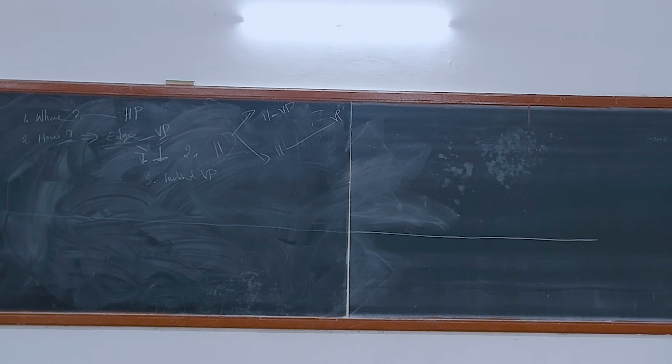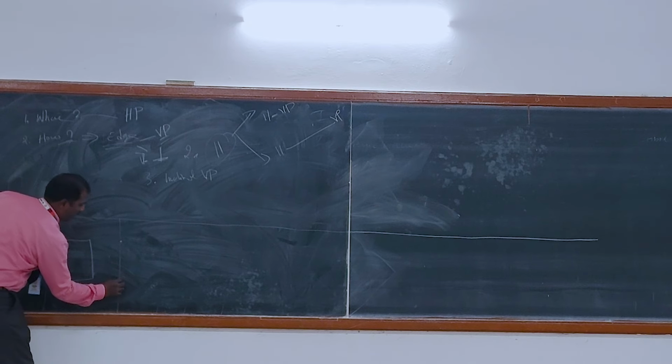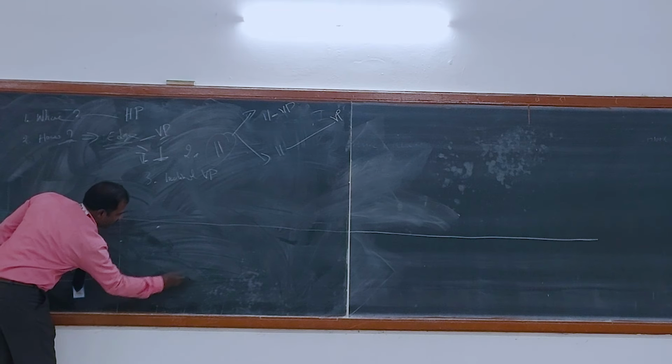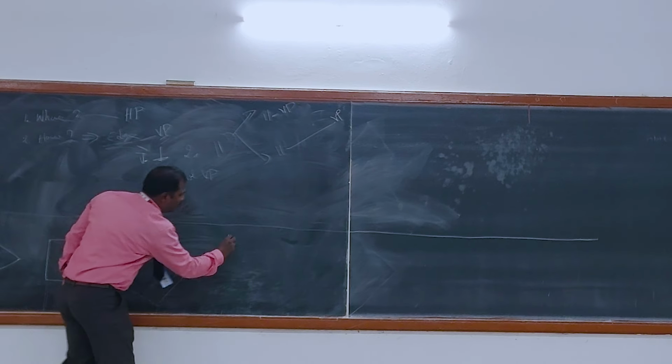See, pentagon, perpendicular to VP, line. Don't confuse. Triangle, perpendicular to VP. Square, perpendicular to VP. Pentagon, perpendicular to VP.